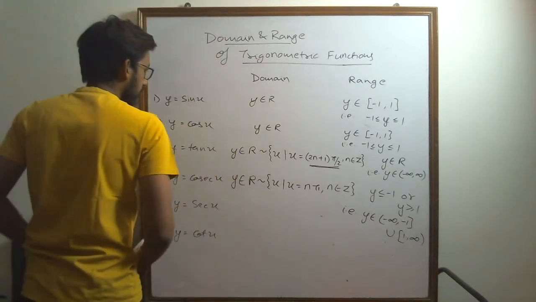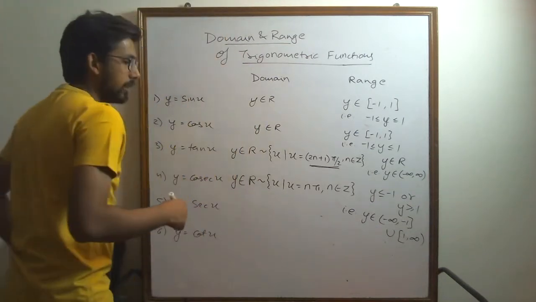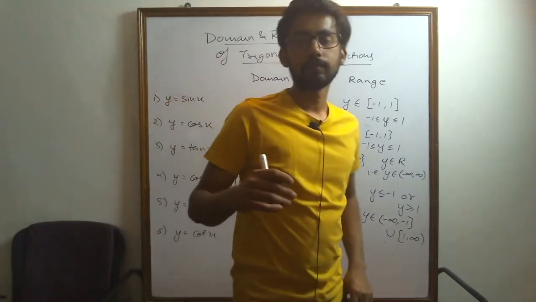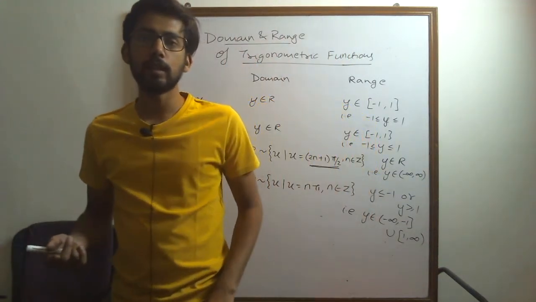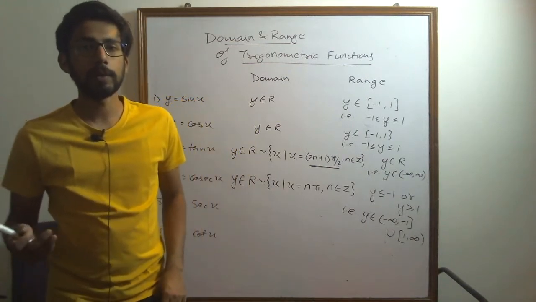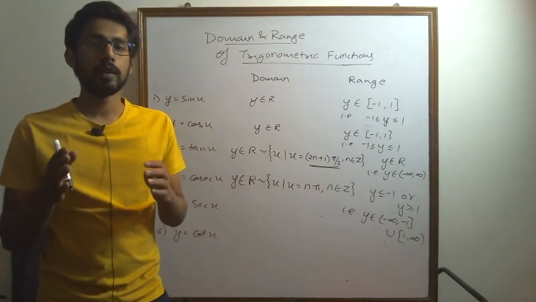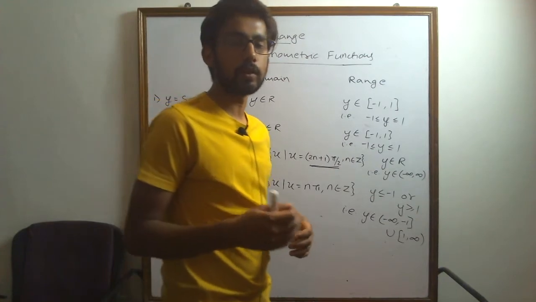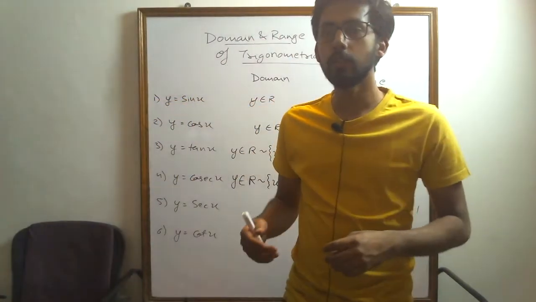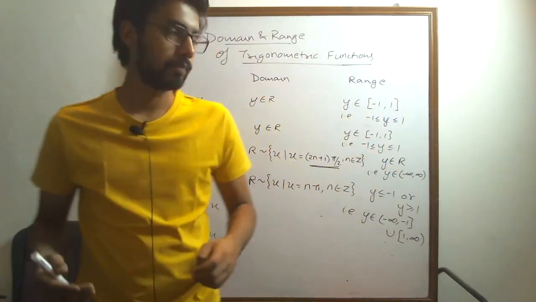Fifth function, sec x. Now sec x is the reciprocal of cos x. So wherever cos x is 0, sec x will not be defined. So we remove those angles for which we get cos x 0 to get the domain of sec x.